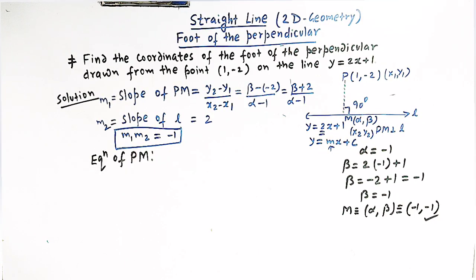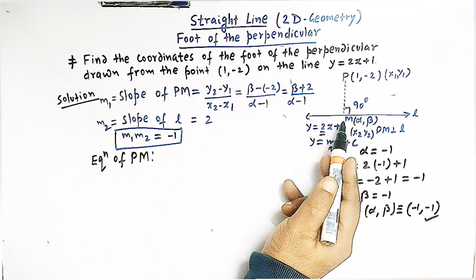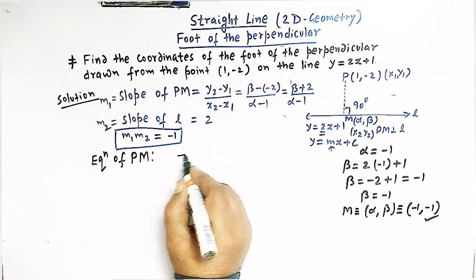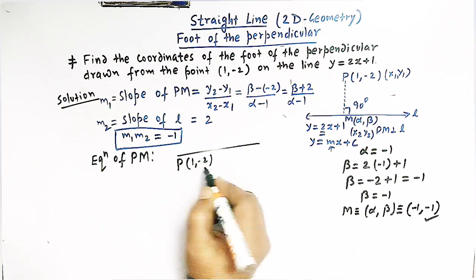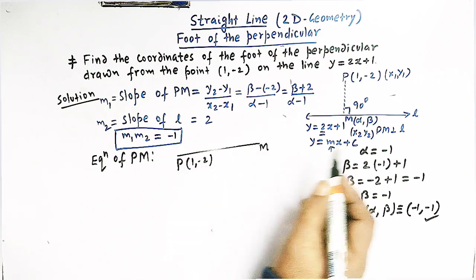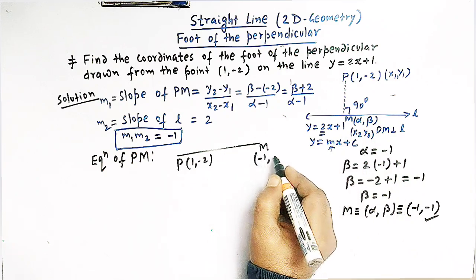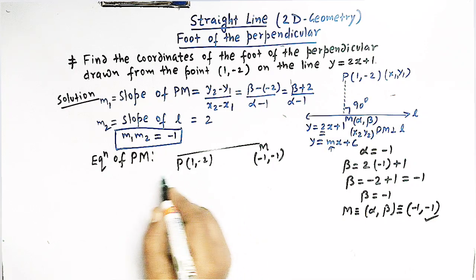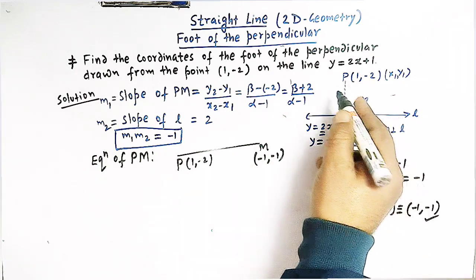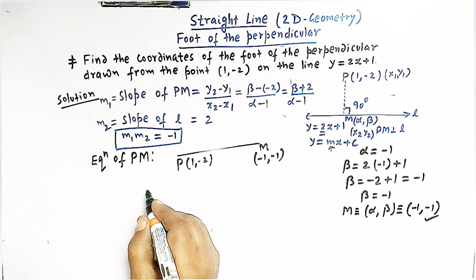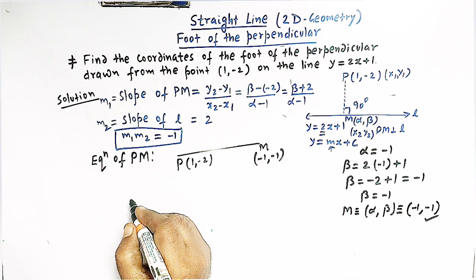So now let us find out the equation of this perpendicular, that is PM, right? So we have the coordinates of P as 1 comma minus 2, and M is alpha comma beta, that is minus 1 and minus 1, right? So here to get the equation of PM, that is the perpendicular, we can make use of the 2-point form of equation of a straight line, right?